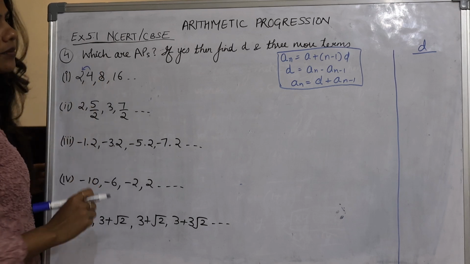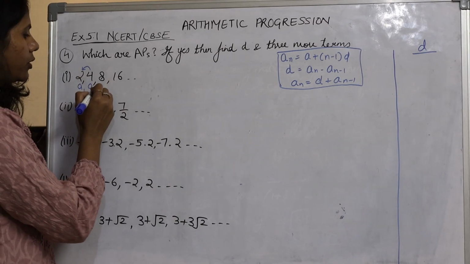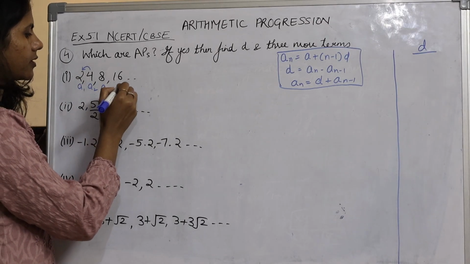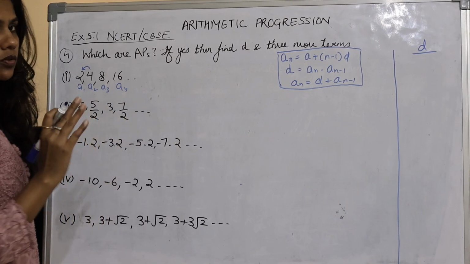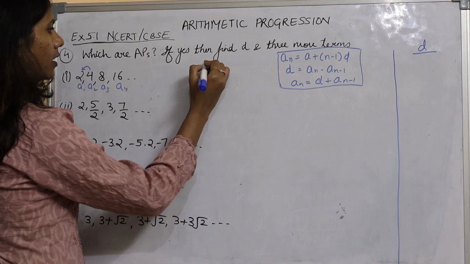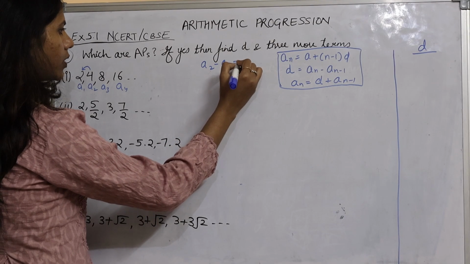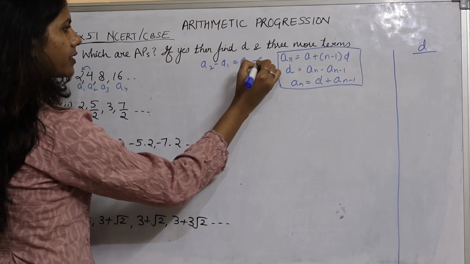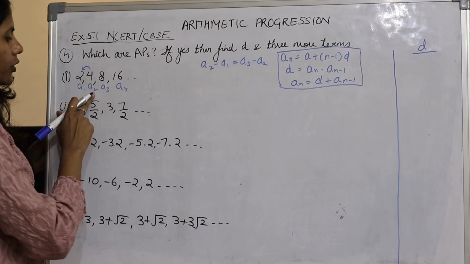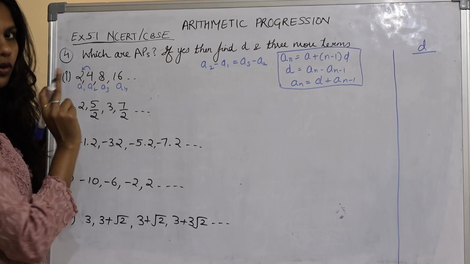Before that, this is A1, this is A2, this is A3, this is A4. So minimum what we have to calculate is A2 minus A1 is equal to A3 minus A2 or not.